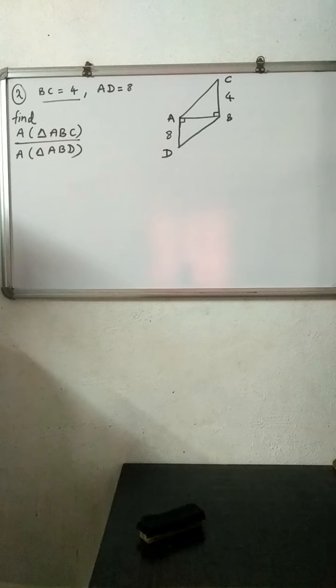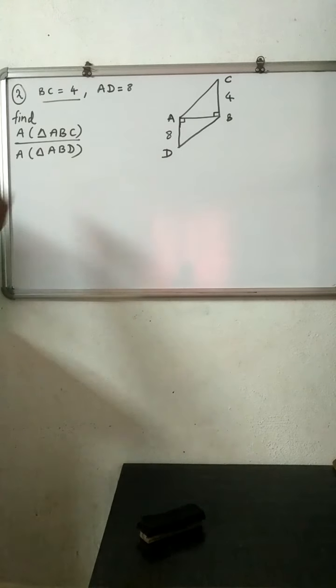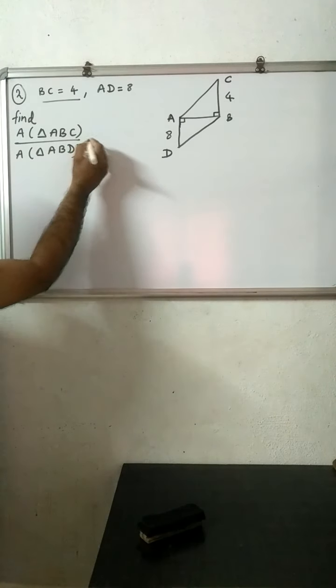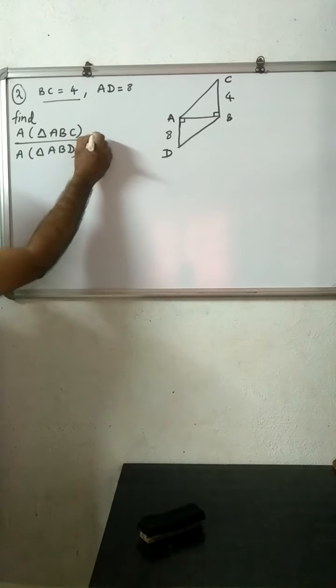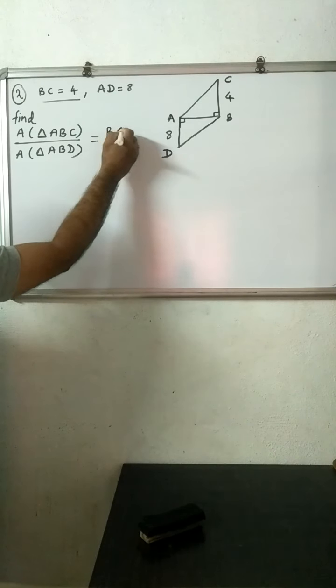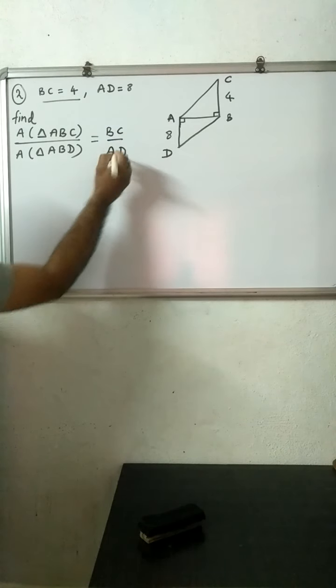So we'll apply the property for triangles with same base but different height: the ratio of area is equal to the ratio of length of their corresponding heights, BC upon AD.